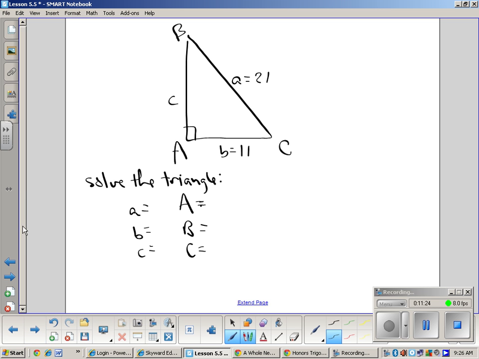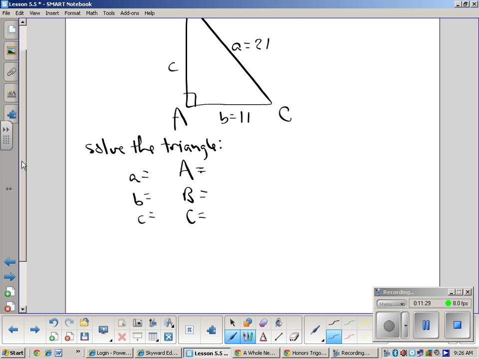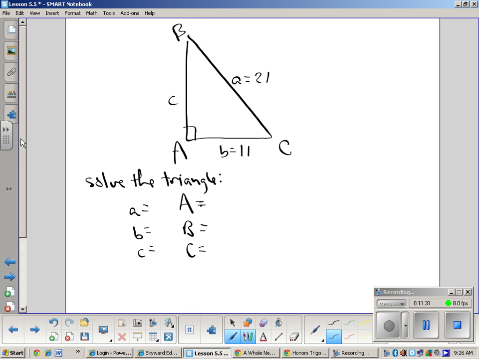We want to solve this triangle. This is the last example. How do I solve that triangle? Good.